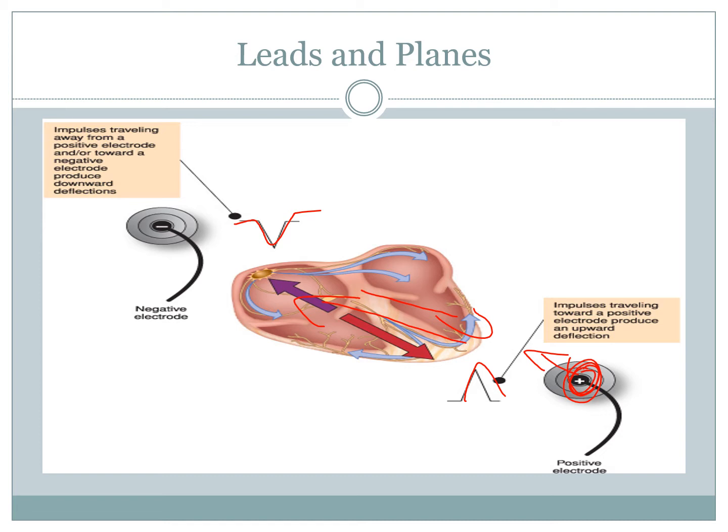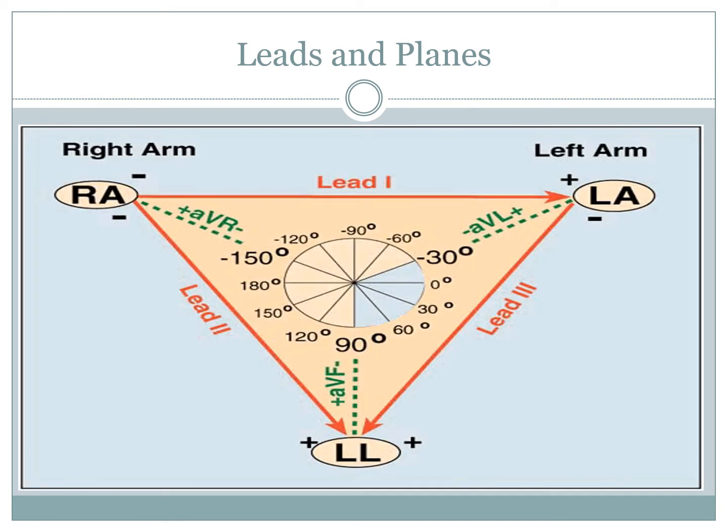Now, from there, we can look at something known as planes as well. So a plane is a way to divide the heart. So our standard 12-lead ECG utilizes 10 electrodes, okay, one for each of the limbs and 6 electrodes for the chest wall. Now the system is categorized into 3 lead systems.